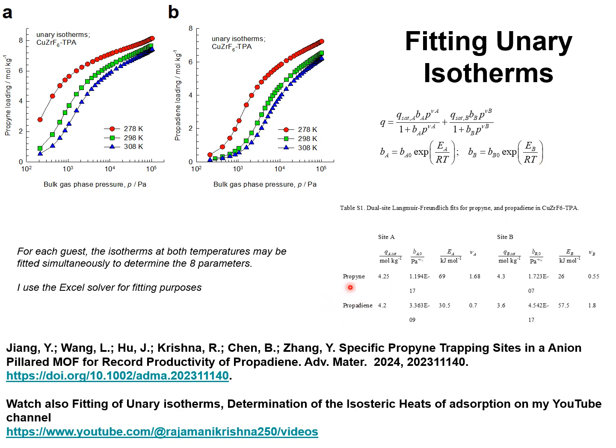So for each guest molecule, there is a total of 8 parameters that is used, and the 8 parameters for each guest molecule is determined by fitting the 3 sets of data simultaneously for each guest. I use the Excel solver for fitting purposes. The precise procedure has been explained in previous video presentations.